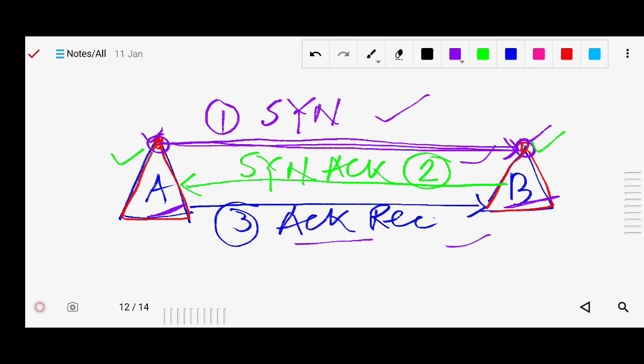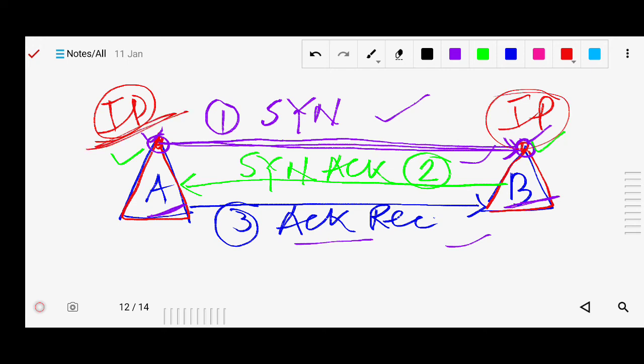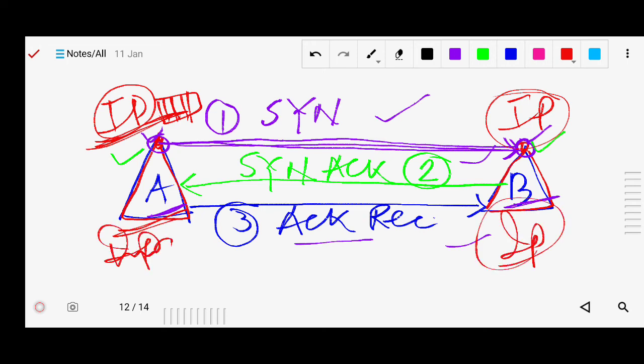Whatever data we are sending, each is decided by the IP, meaning the address. Each has some address, like A has some IP address and B has some IP address, so these two IP addresses have been assigned. It means these two are identified on the network.